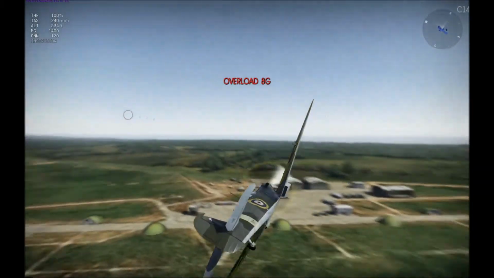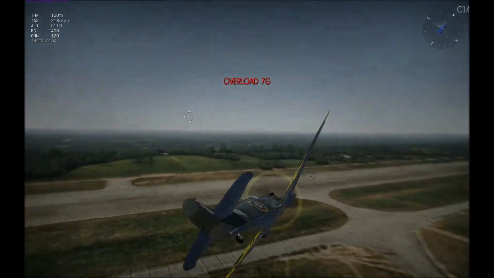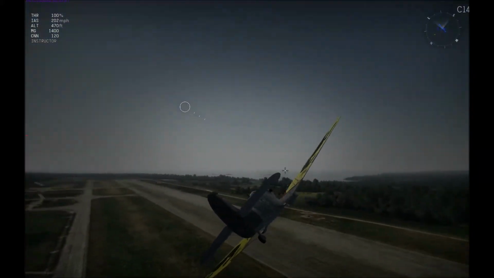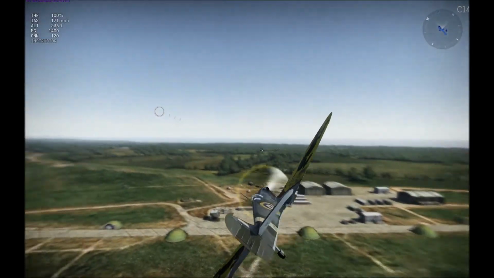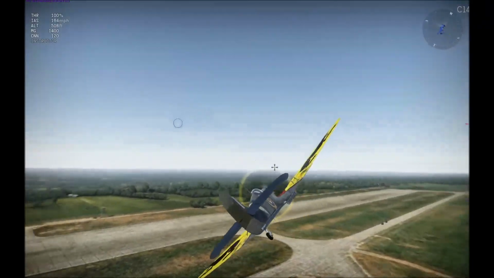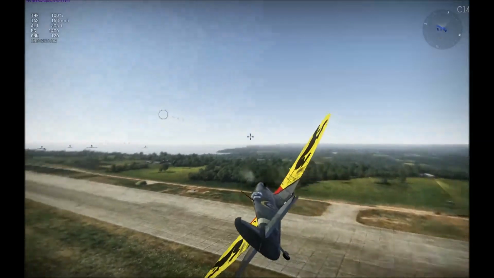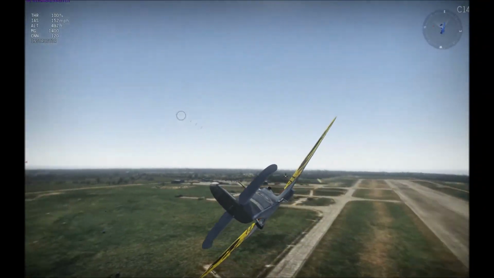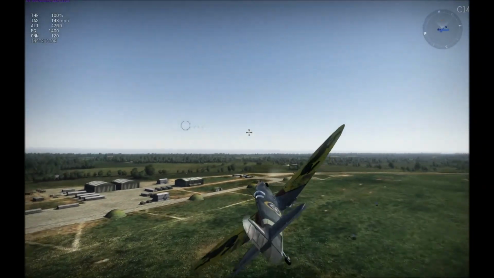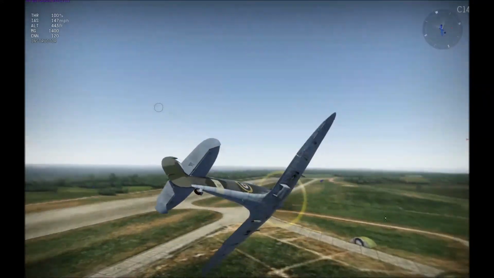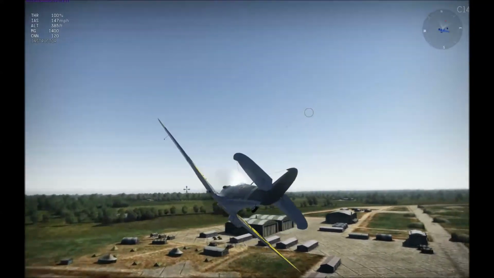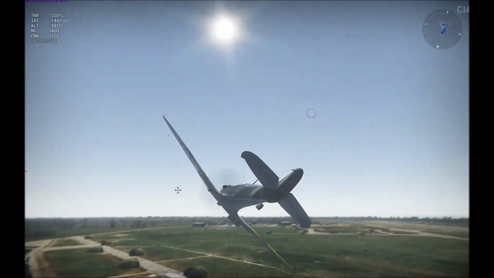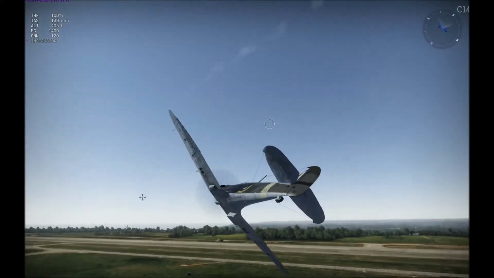So you can see I'm a long way away from where the nose is actually pointing. What's happening here is that the further away these two icons are, the more I'm getting close to getting rid of all of my kinetic energy, because you can watch on the airspeed indicator on the top left as I keep doing this, go the other way so we don't get too dizzy, we can see that it's just bleeding off.